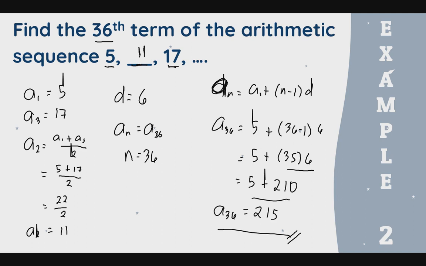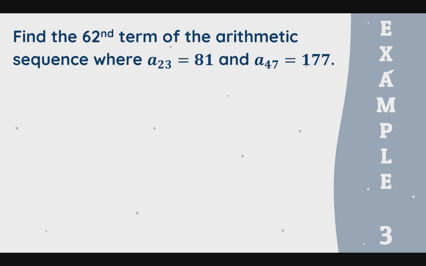Now, let's proceed to our third example. Find the 62nd term of the arithmetic sequence where a sub 23 is 81 and a sub 47 is 177. The only given terms are these two, and we have to get the 62nd term.